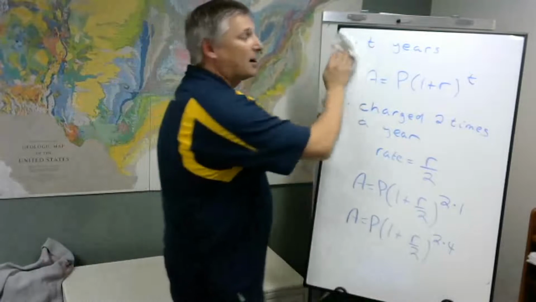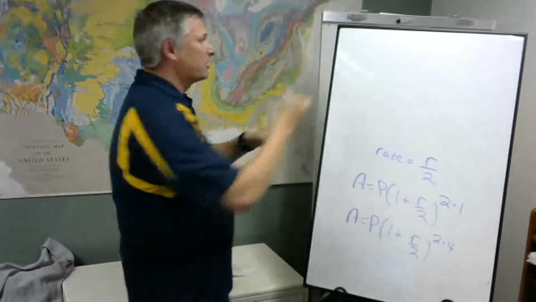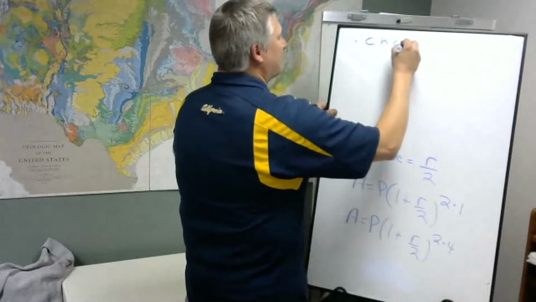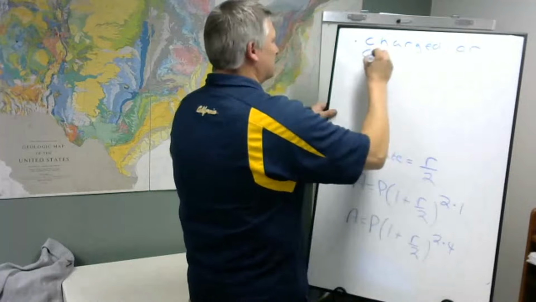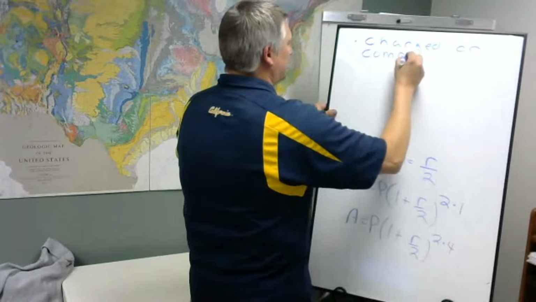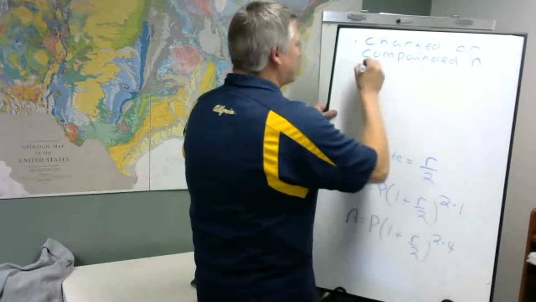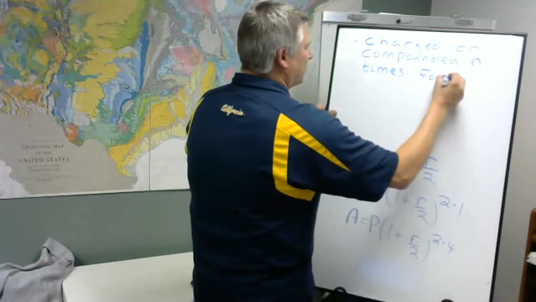And so what we get is the compound interest formula. Let's say we're compounded n times for interest.